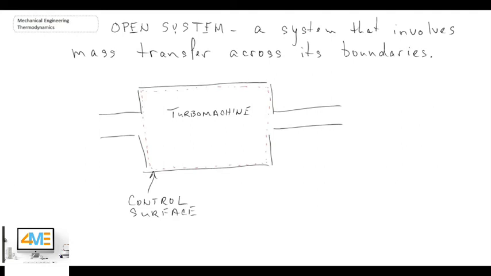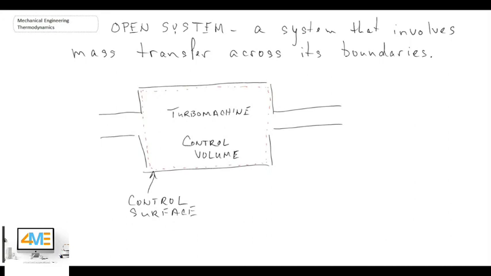And within the control surface, we sometimes refer to this as being the control volume. If you've taken a course in fluid mechanics, you have probably done control volume analysis by applying the momentum or the energy equation. Very similar concept here.